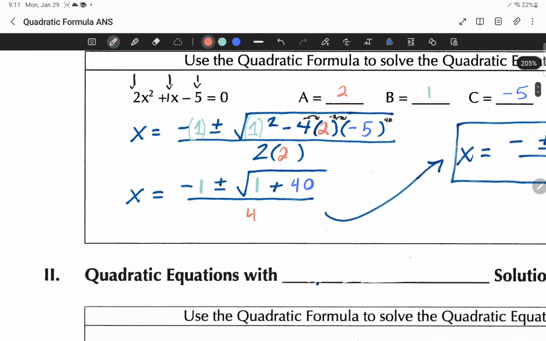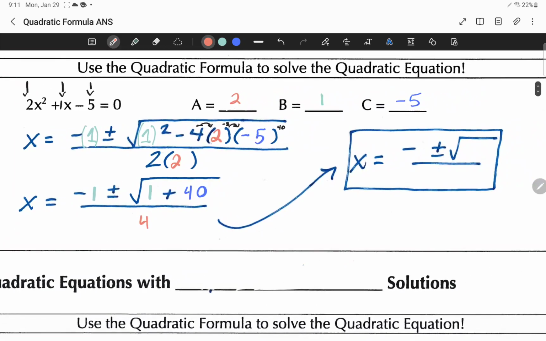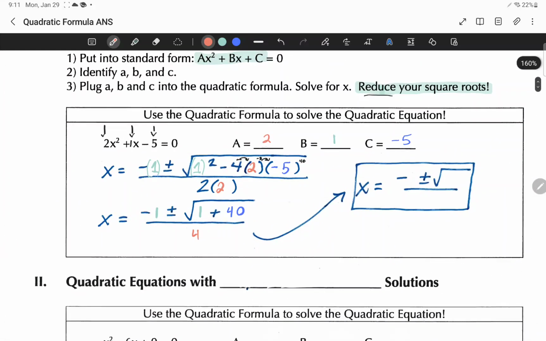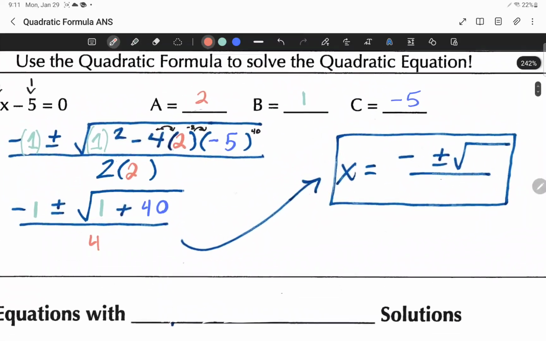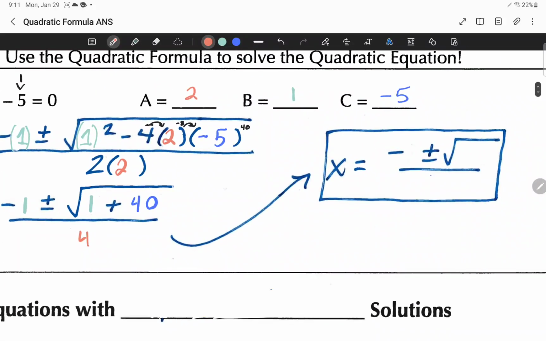All right. So that's what we're going to get so far. Now at this point, we just need to keep simplifying. So what do we get? That one stays on the outside. Now on the inside, as you can see, we're going to have 41 because we're going to add them.